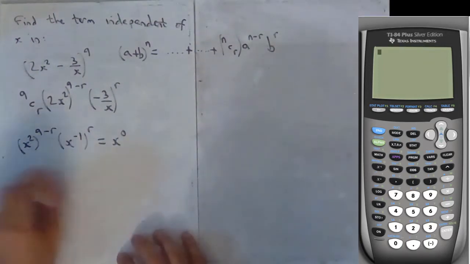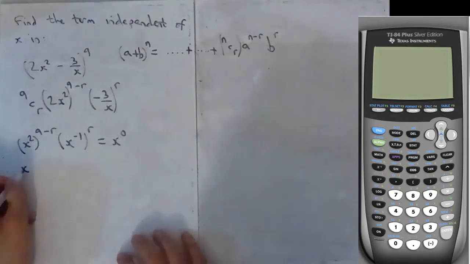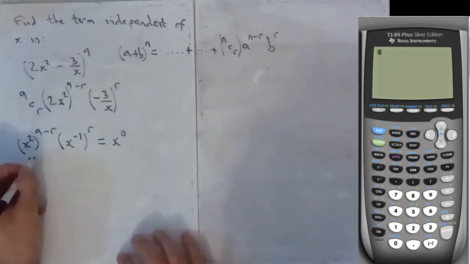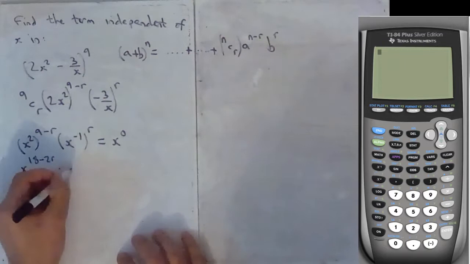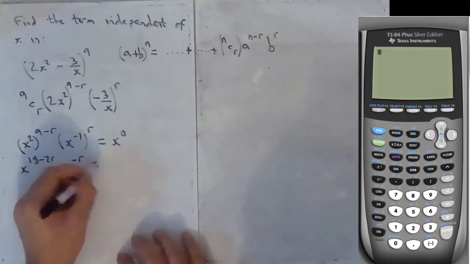If you just use your basic index laws here, this is powers on powers, so we can multiply these, that would be x to the power 18 minus 2r times x to the power minus r equals x to the power 0.